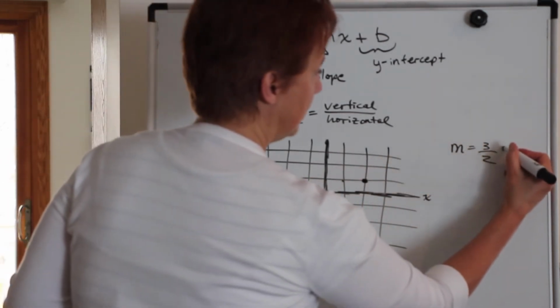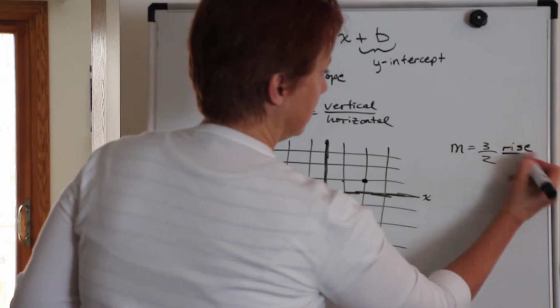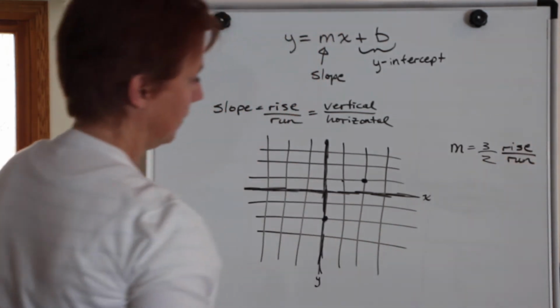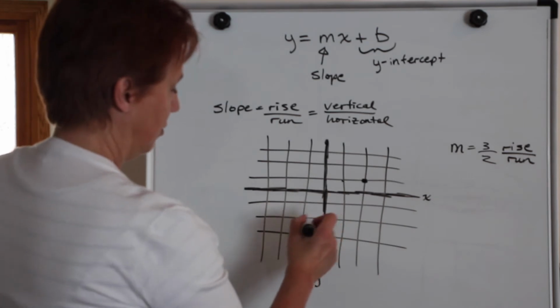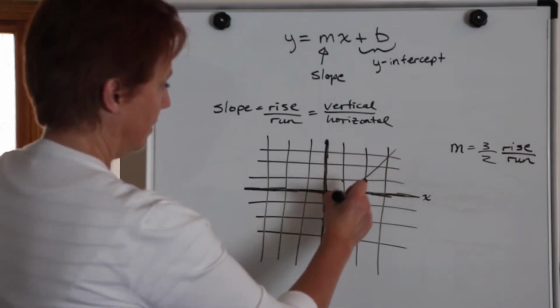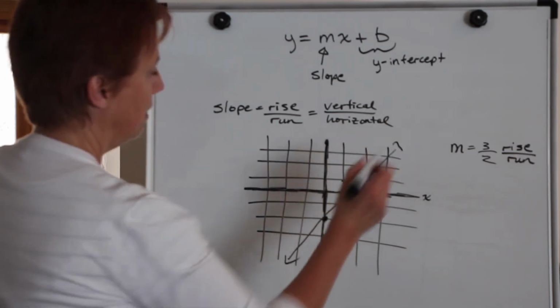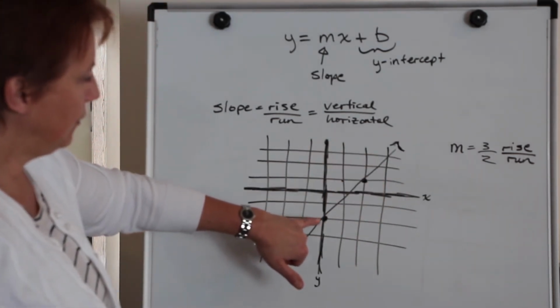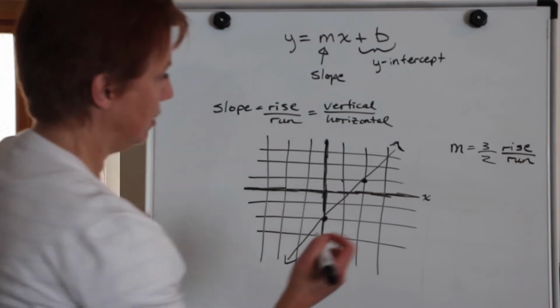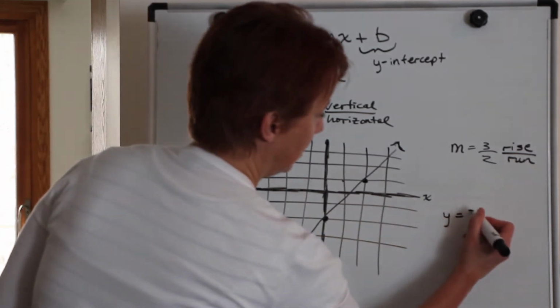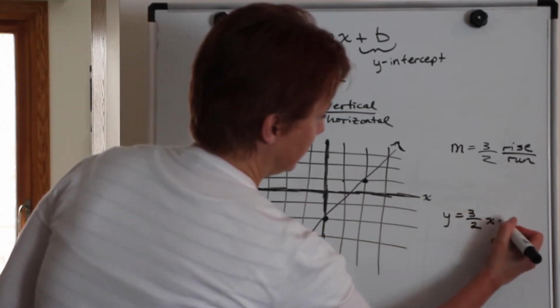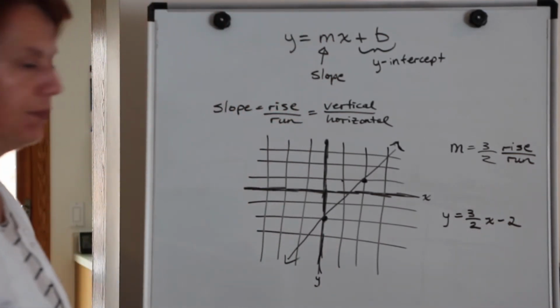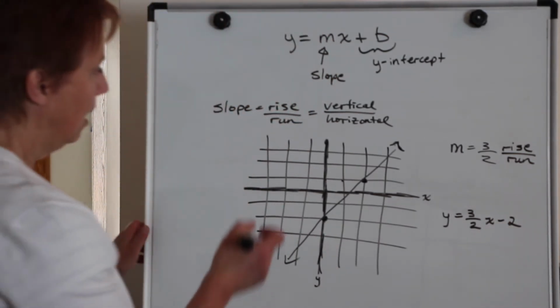So this is my rise and this is my run. And so it would look something like this, right? The equation of that line, I've put the y-intercept at -2, so the equation of this line is simply y equals 3 over 2x minus 2.